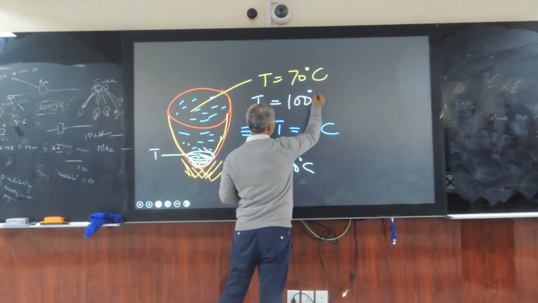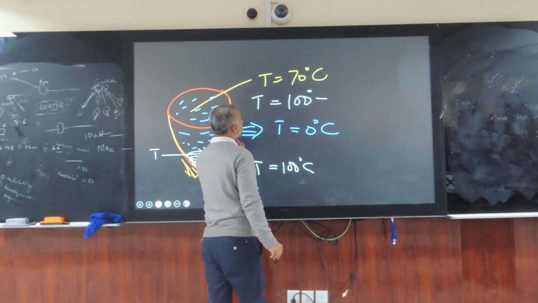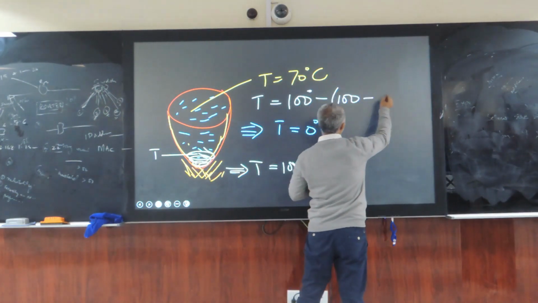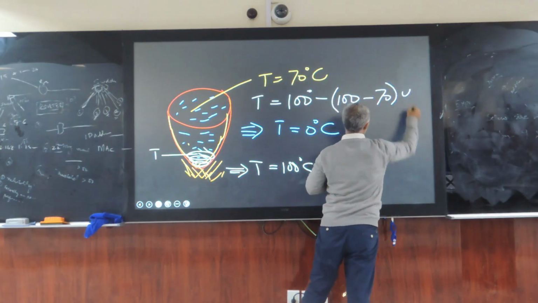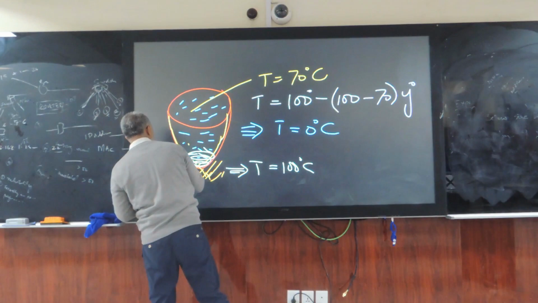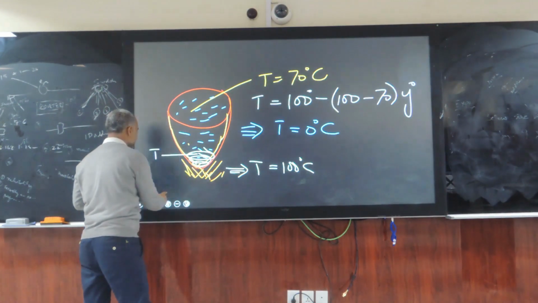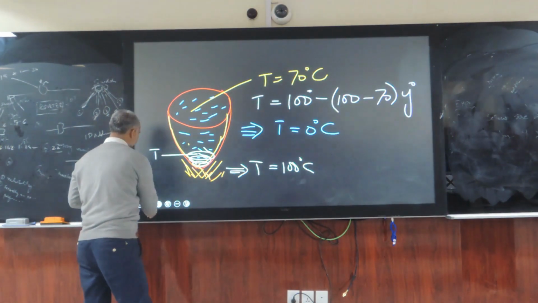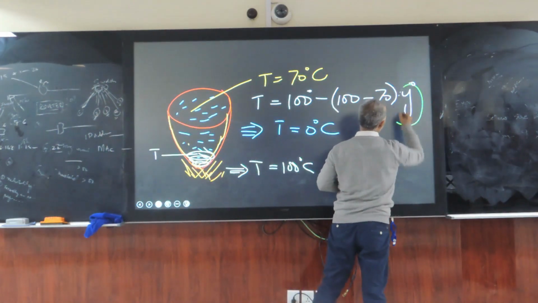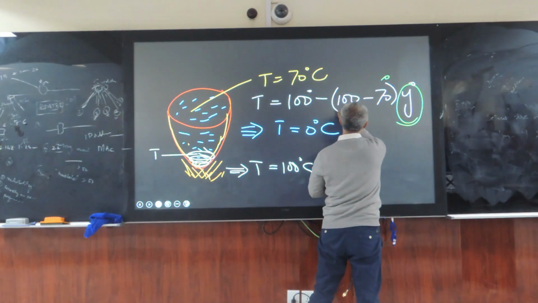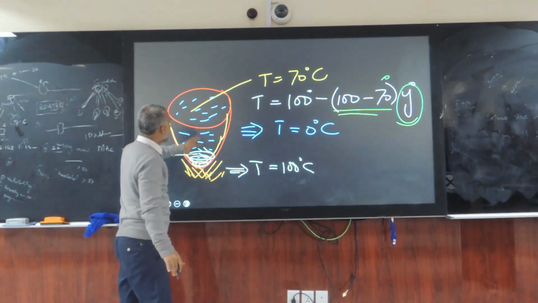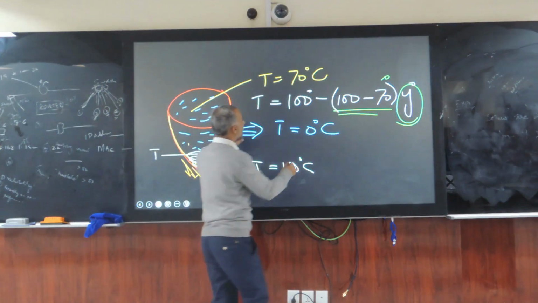This variation of temperature can be noticed as final minus initial. This is a change along the y-axis. Of course, at the bottom point it's fixed, but with the variation in height, the temperature is changing, and this change happens from 100 to 70 degrees centigrade.